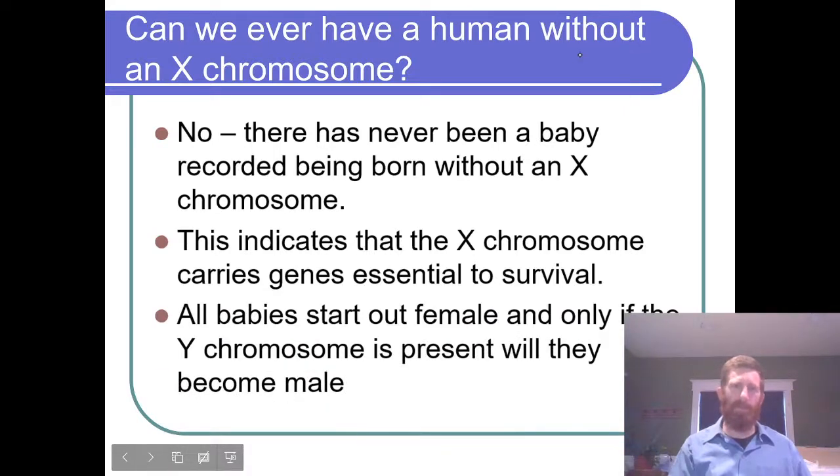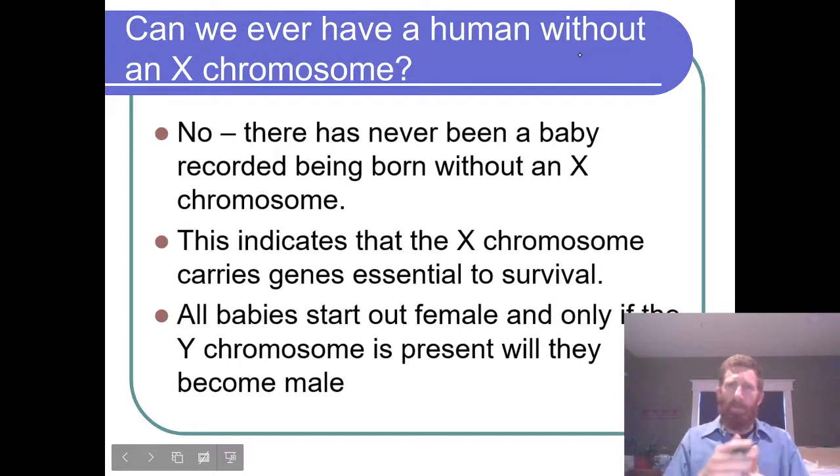And then here's one last interesting little tidbit. Scientifically, all babies, every single one of us, all 8 billion people in the world, start out as female. And then if and only if, around week 7, there's a gene on the Y chromosome called the SRY gene that activates and starts producing proteins.